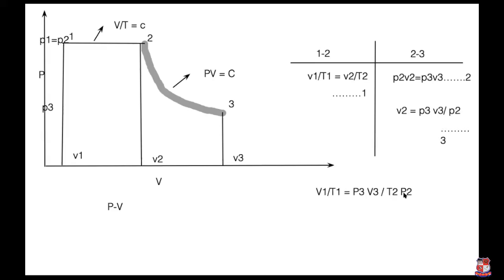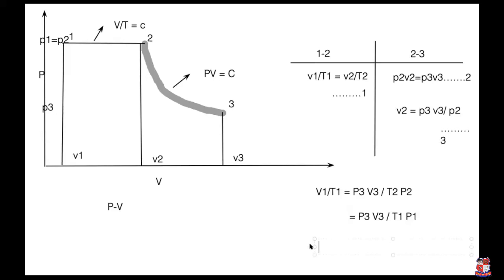And what is T2? Here you can see that the temperature is constant, so either write T2 or T3, both are same. So what are the changes? P3 is same, but it is divided by T1 and P1. P1 is from the diagram, T1 is from Boyle's law.